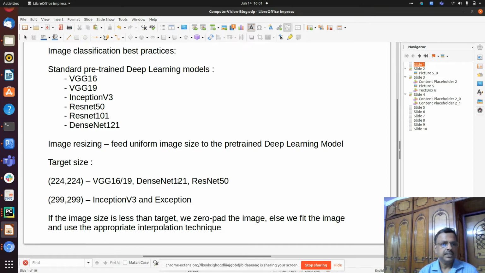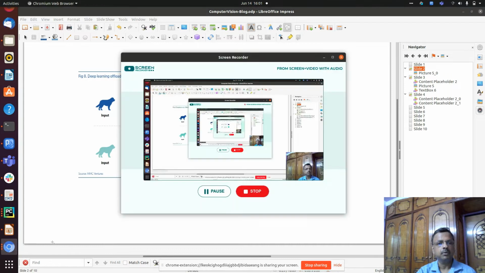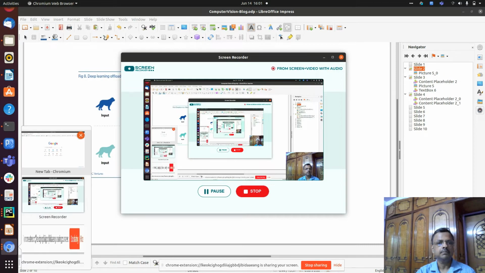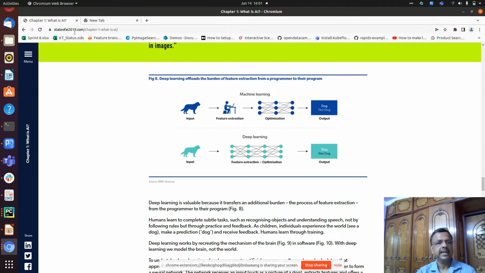So whenever we talk of deep learning, we talk of transfer learning at the same time, right? If we look at this picture, which is taken from the State of the AI report 2019 by MMC Ventures, and you can see this report on the actual site, stateofai2019.com, chapter 1, what is AI.